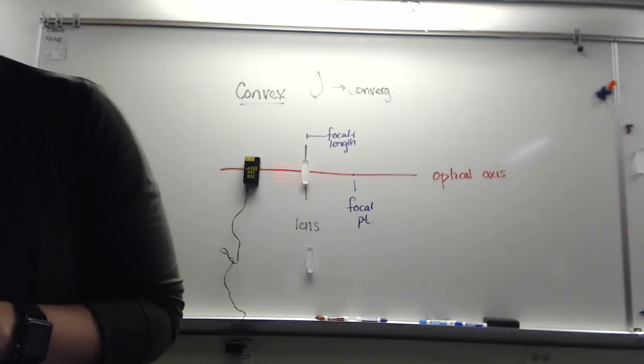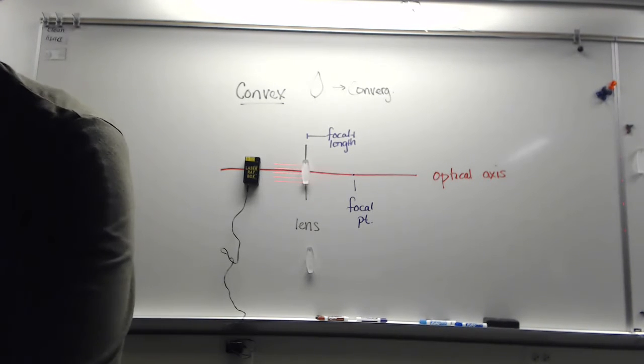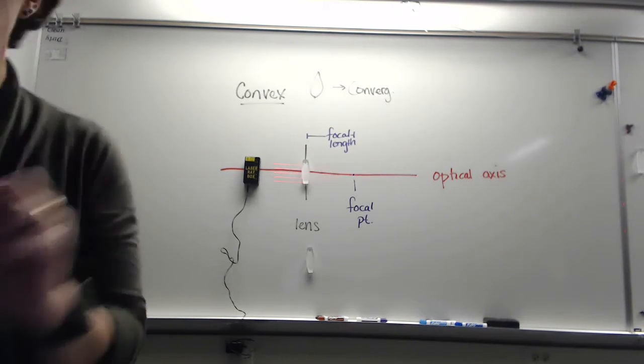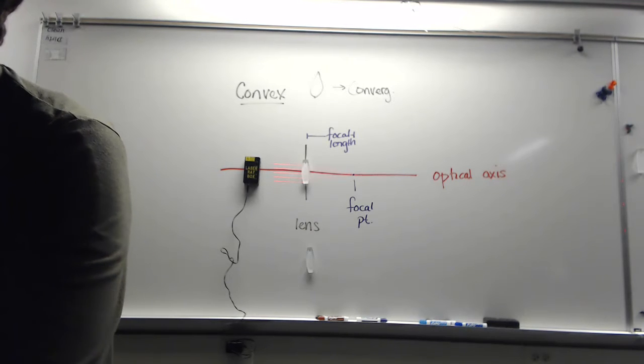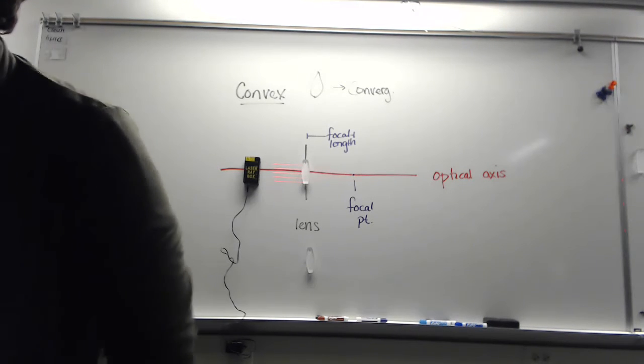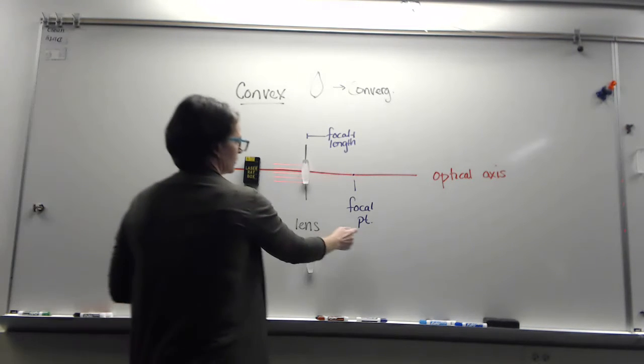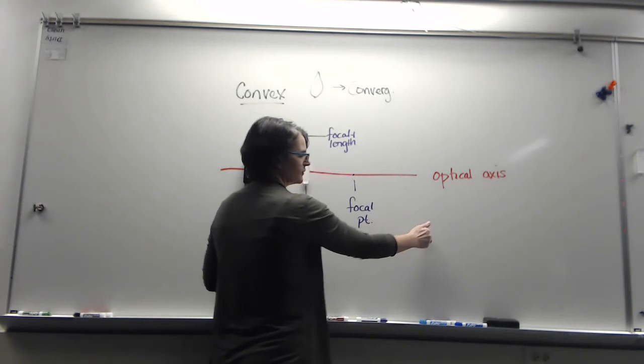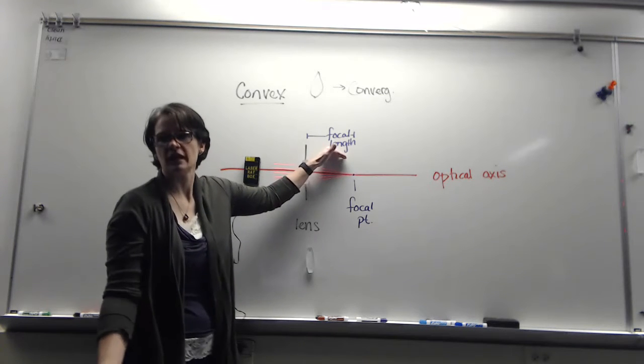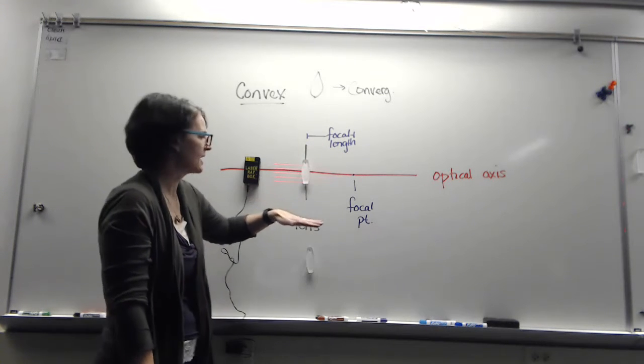The question is, does a curvier lens increase the focal point, decrease the focal point, or does it remain the same? By increase, I mean it'll move the focal point further away. Increase the focal length would have been a better way to say that.